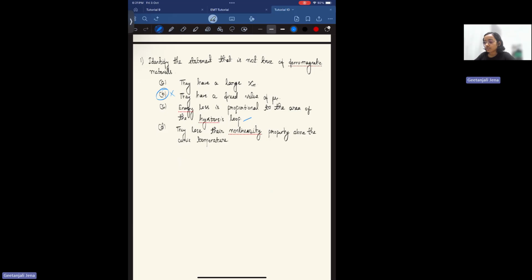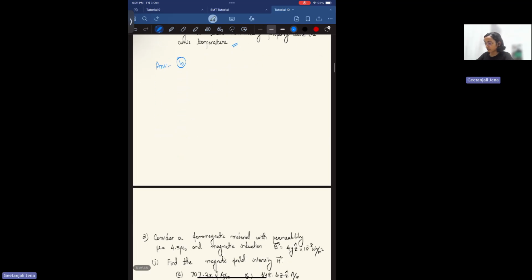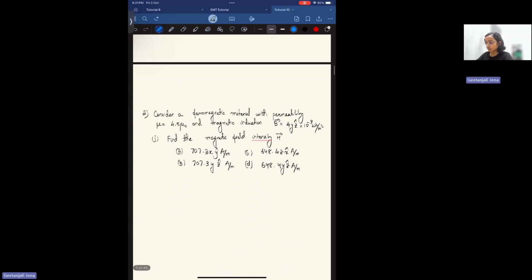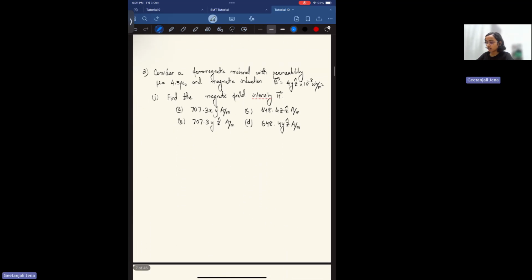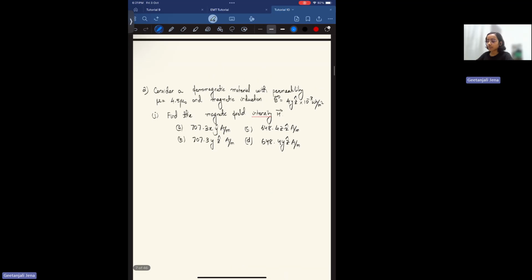And the fourth is they lose their non-linearity property above the Curie temperature. This is always true. So that means the answer is option B. Okay, so this is related to the conceptual. Let us see the next problem.